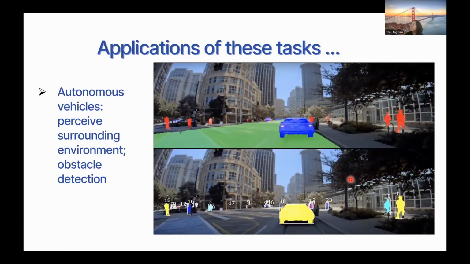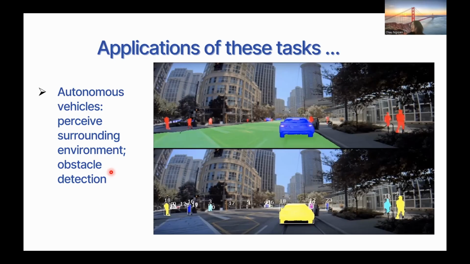Before we go into the techniques, I want to give a bit of motivation as to why we care about these things in the first place. If we as humans can see it, why do we need computers to do it for us? A really simple example is autonomous vehicles.